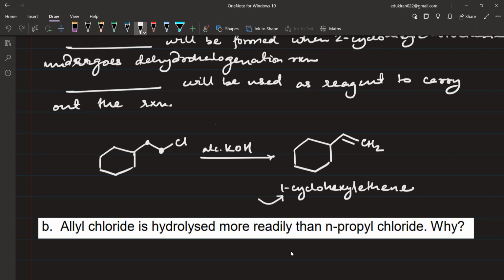If you are writing the numbers for the main chain, then there is no chance of marks being deducted. But if I give this option to students, they can write here, they can't write here. Most of the time they sometimes even forget to write even when it is 2 or 3 or 4. सिर्फ 1 का केस ऐसा है जहाँ पे you have a choice, you can write it or you can not write it. It's your choice. ठीक है, but still I will say it is compulsory. आप इसी को कंपलसरी मान के चलिए. Everything you have to number. Okay, you have to number everything. Even for that matter, I would say that you have to write it like this: eth-1-ene. नंबरिंग करने से कभी मार्क्स कटेंगे नहीं आपके.